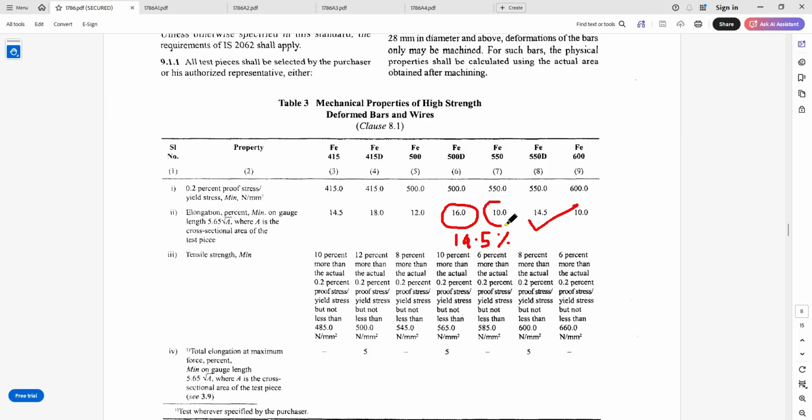But if I put a condition while purchasing the reinforcement that I want minimum elongation 14.5, then I can use Fe550 only if further conditions mentioned in 13920 are fulfilled. So let us see how it affects. But before that, let us go to the different amendments. So whatever amendments came after that, let us look at that.